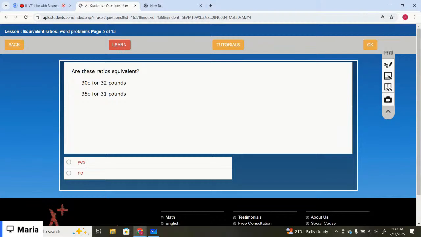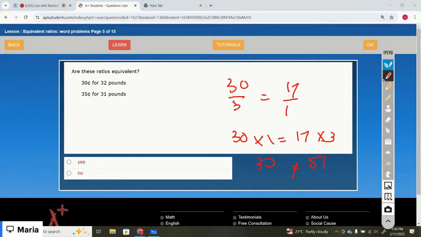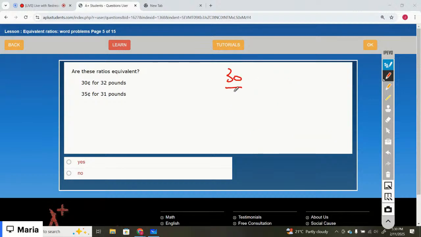Are these ratios equivalent? That is 30 to 32 and 35 to 31. I think they are not equivalent. That's the one we didn't do here.